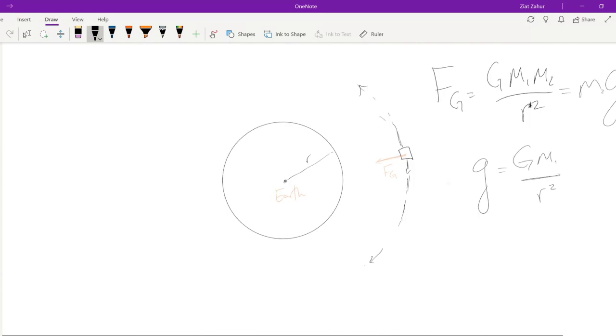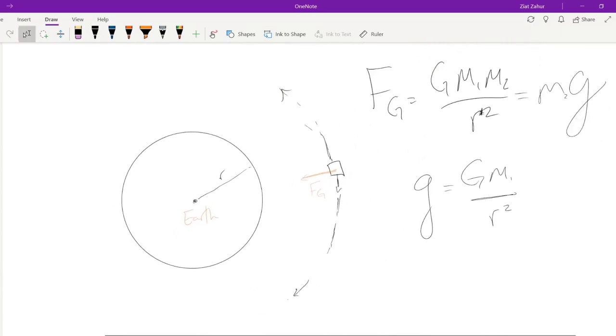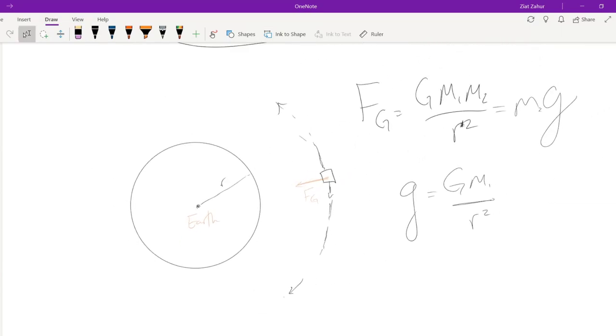Star, because the gravity that you experience is not based on the radius of the planet. It's based on how far you are from the center. I'll call this r star. So yes, gravity changes based on how far away you are from the center.